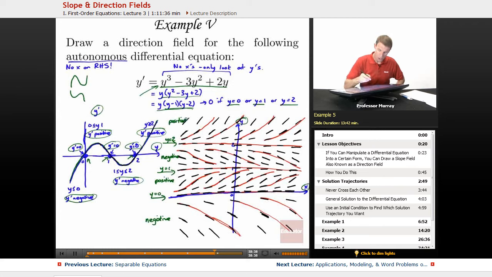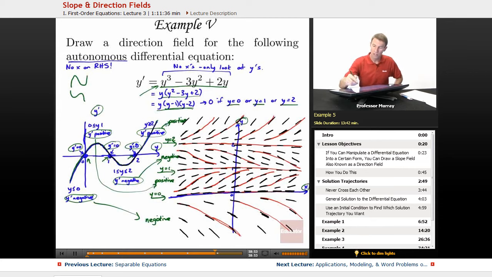That comes from here, that tells me that, and that tells me that. All that information comes from the graph on the left about when the slopes are positive or negative.